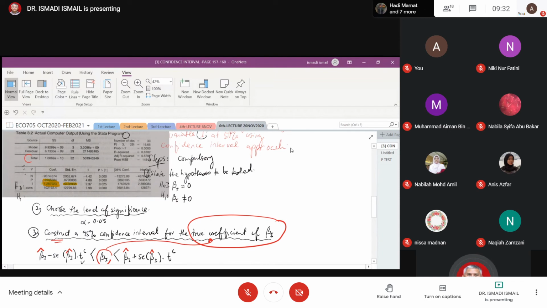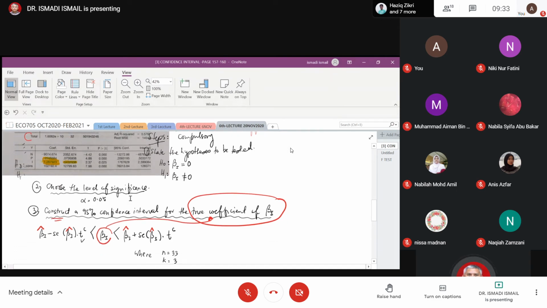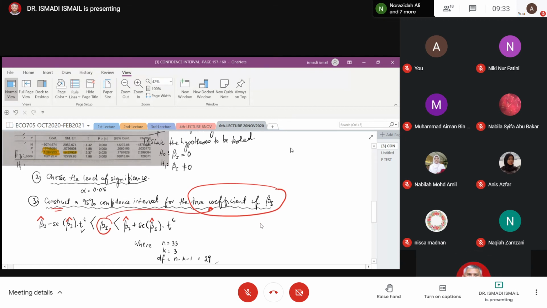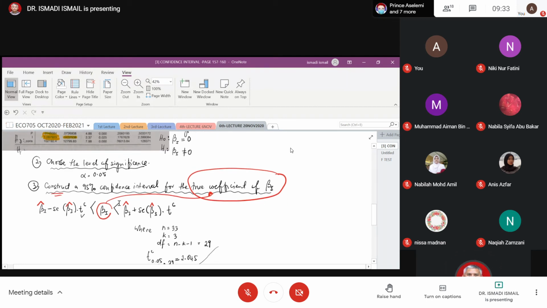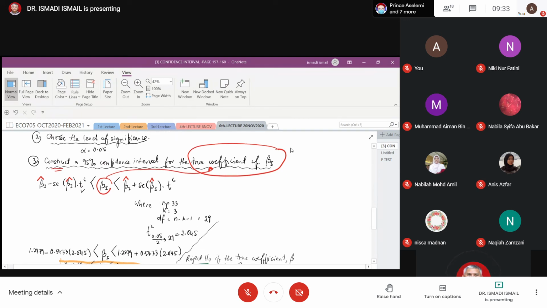So the first step, state the hypothesis to be tested, H0, which one? Use the level of significance, alpha 0.05, 5%. Construct a 95% confidence interval for the true coefficient of beta I. And this is the formula, where you refer to n minus k degrees of freedom and your critical t.